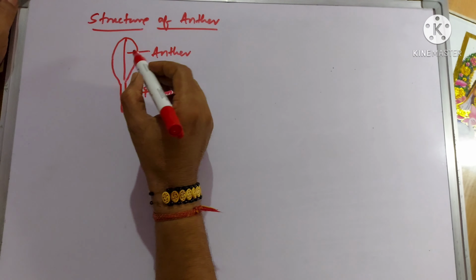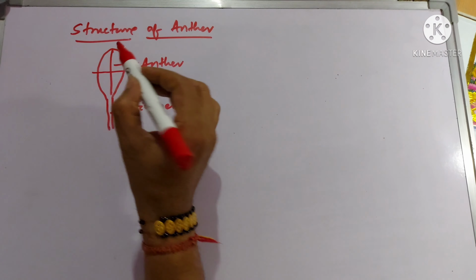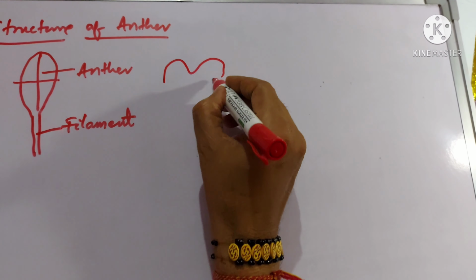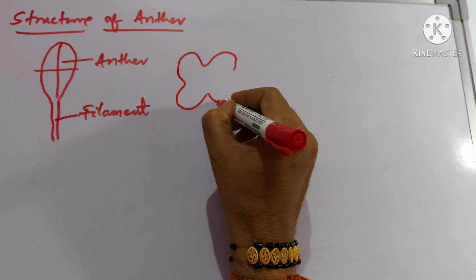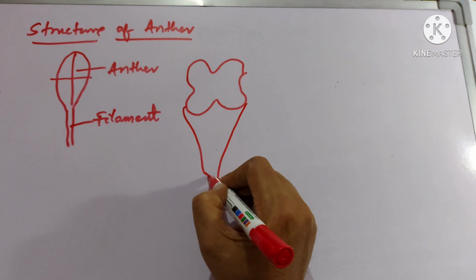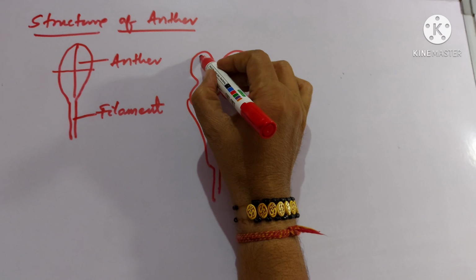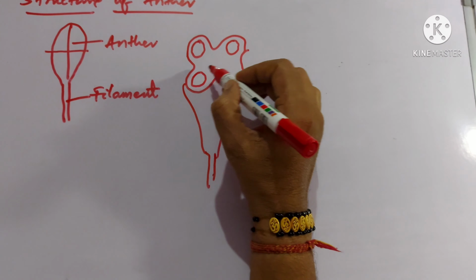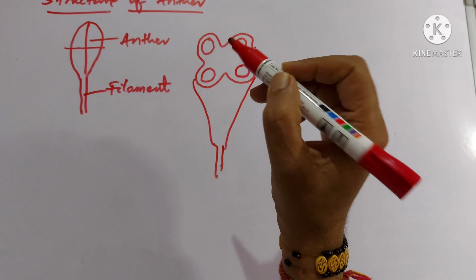So when we take the section of the anther, we will find the structure like this, having four sac-like structures.